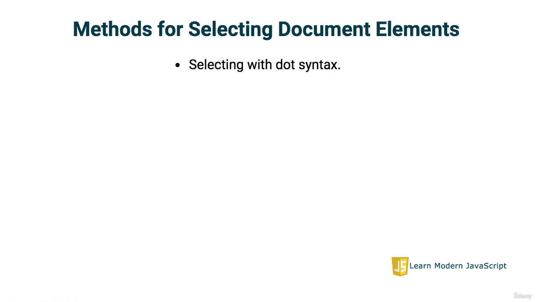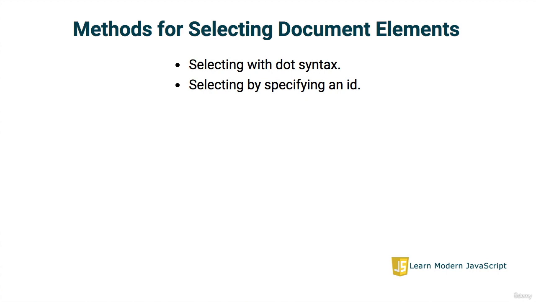However, that does not work. That works to a certain extent. There are a few things you can select using dot syntax. In order to select other items on the HTML page, you must use methods that are provided. So the dot syntax is very limiting, but we'll look at what's possible at the end of this movie.